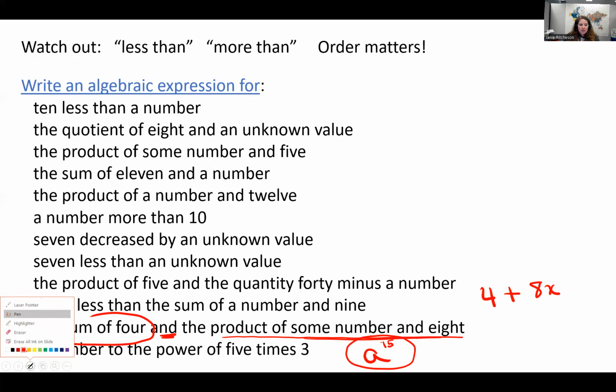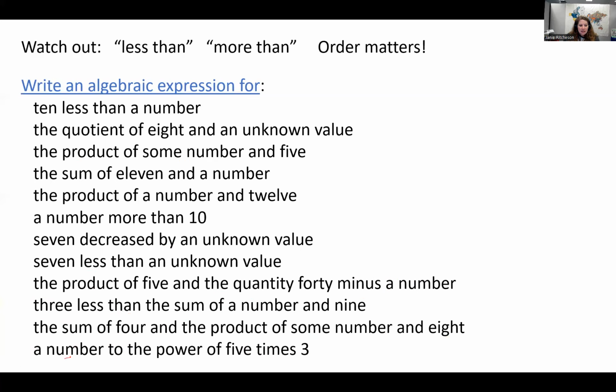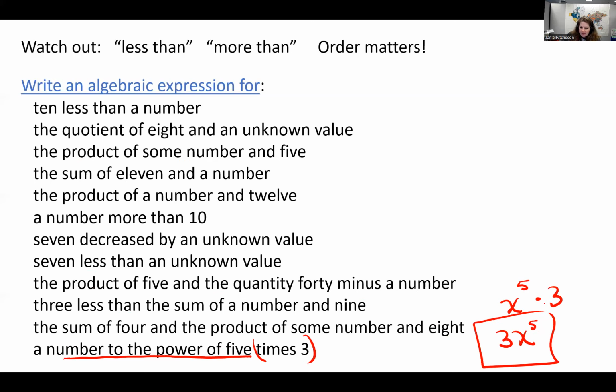Okay, let me start over. I'm sorry. A number to the power of 5, and then all of that times 3. So I could either write times 3 this way, or most of the time you would see it like that. Okay.